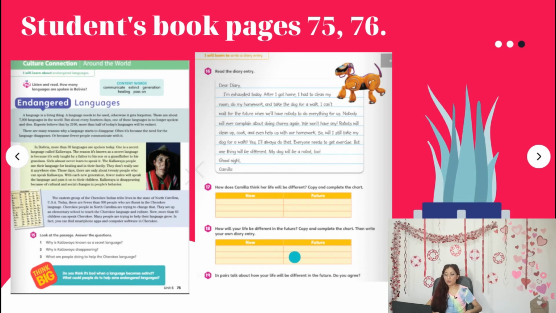And then the future. How will your daily activities from now be different in the future? In which way? How? Okay, and read this well. Then write your own diary entry. Vamos a escribir uno como este, okay?